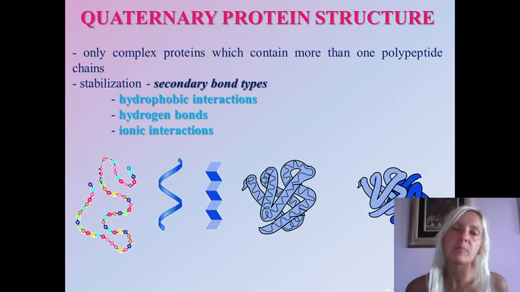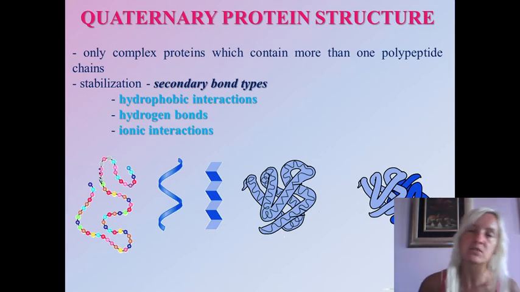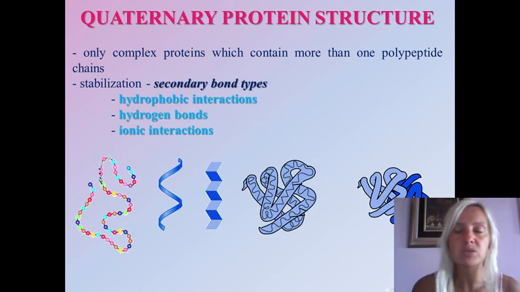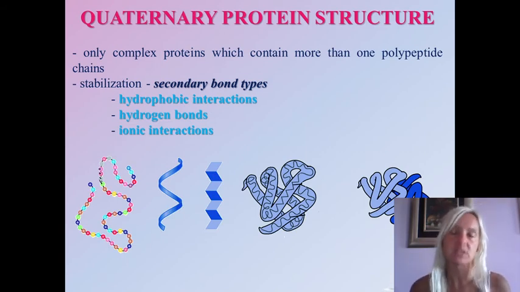Again, the quaternary structure has to be stabilized by secondary bond types. Here we also have hydrophobic interactions, hydrogen bonds, and ionic interactions, but we don't have disulfide bridges. So disulfide bonds are specific only and exclusively for tertiary structure.